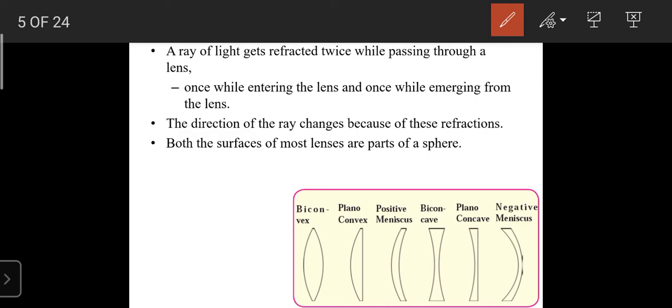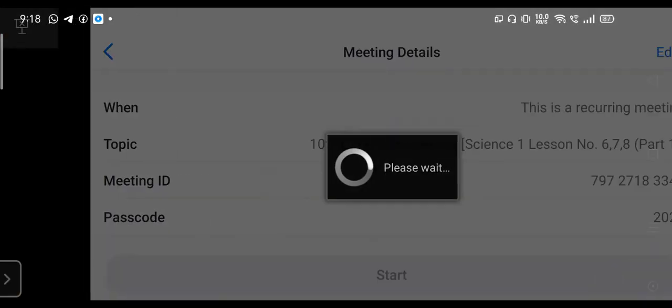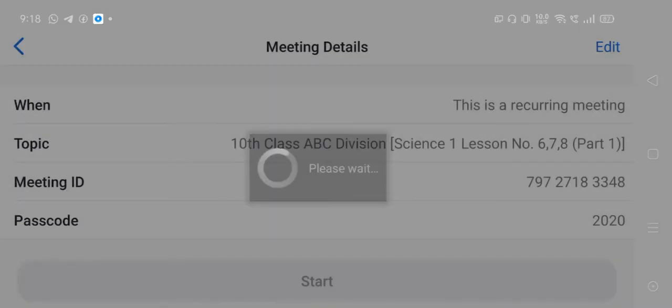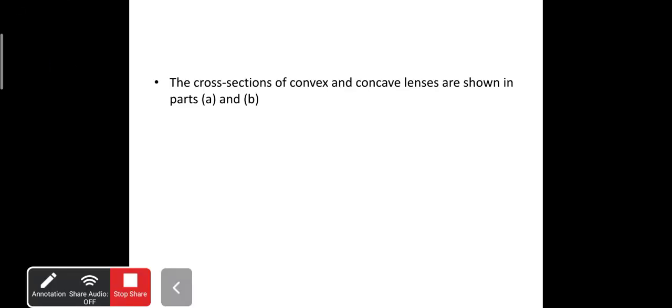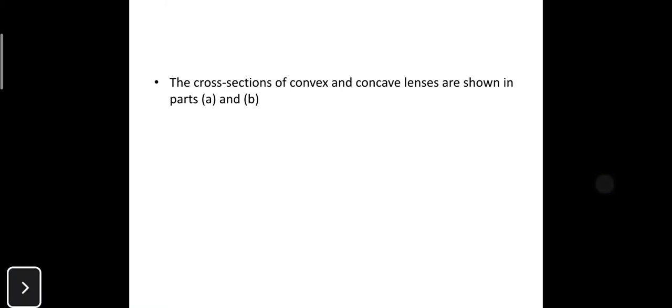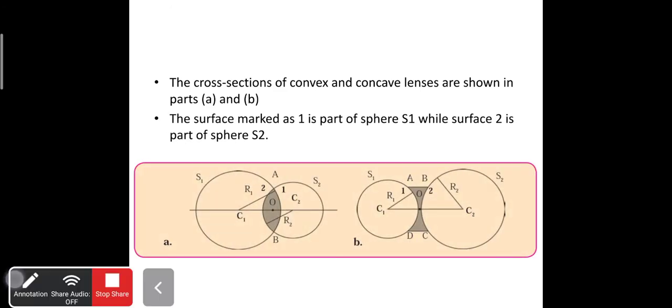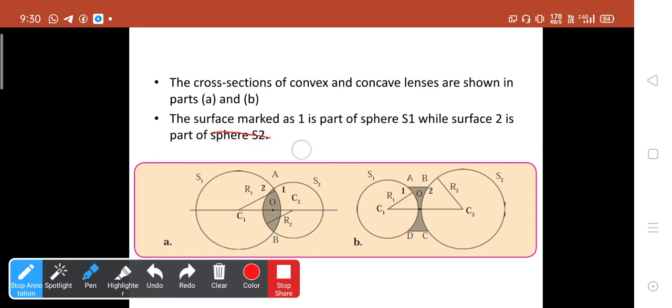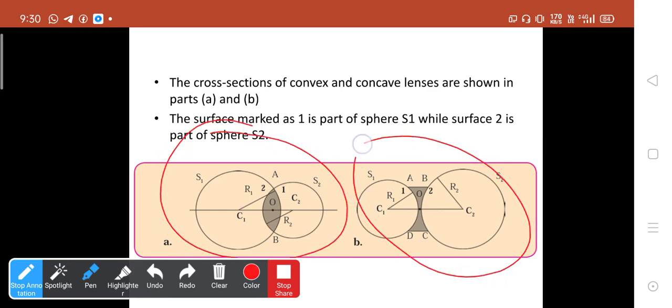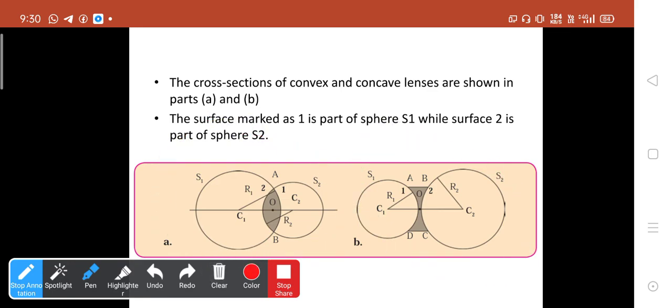The cross sections of the convex and the concave lens are shown in parts A and B. Here is part A and here is part B. The surfaces marked 1 and 2.